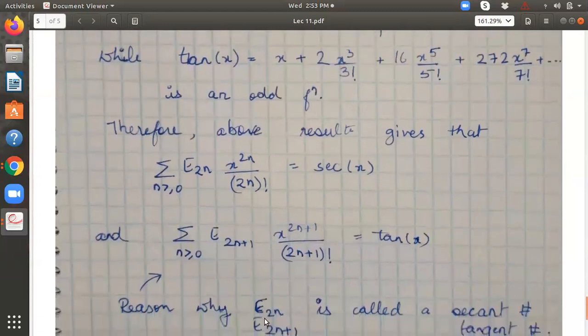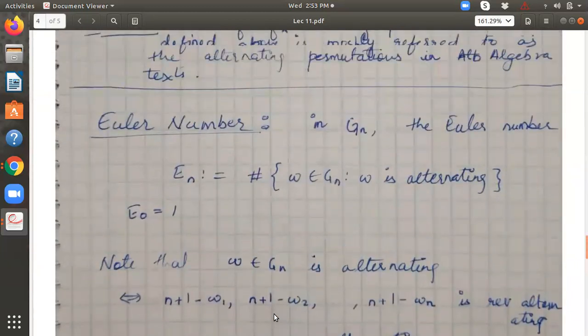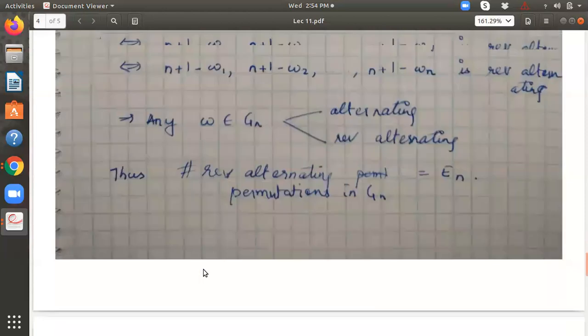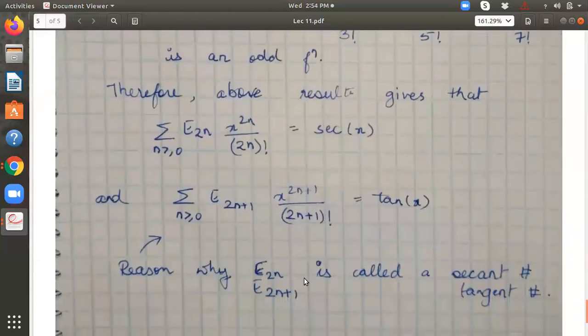Okay, so these are the reasons why E to n, the Euler number for the 2n. So remember, this is the number. Euler number En counts the number of alternating permutations in Gn. So when it is counting the number of alternating permutations in an even number set, it's called a secant number. E2n is called a secant number because E2n can be expressed as sec x.